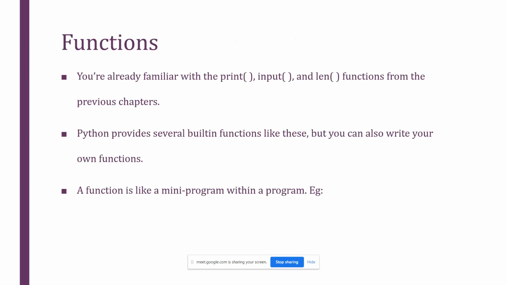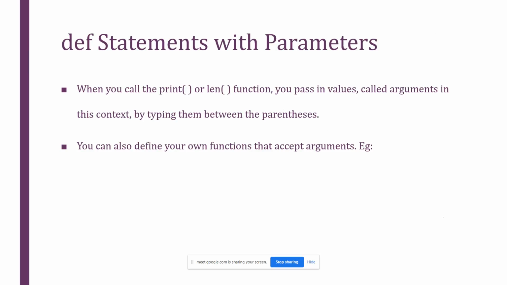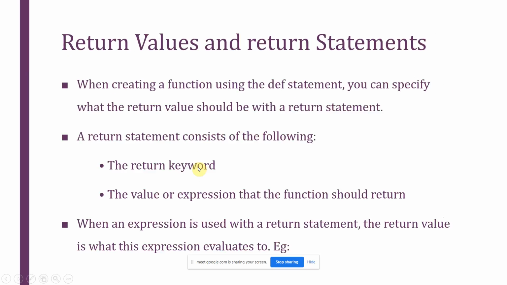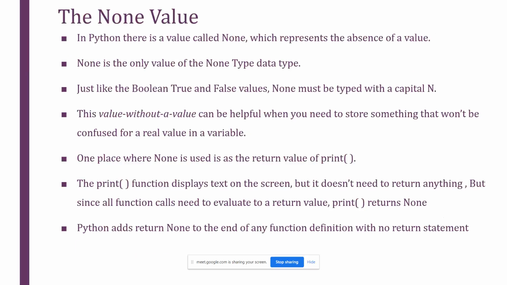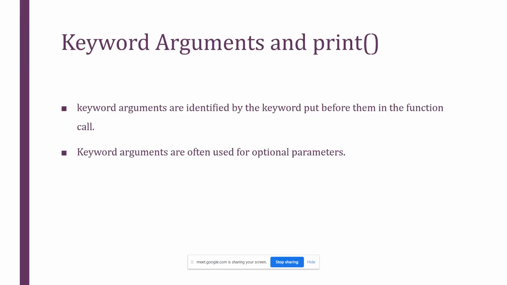The last chapter was functions. Under functions, we saw how you can define a function. A function can be defined by using the def statement, and you can give some parameters also. Then we saw return statements. The None value is equivalent to null.